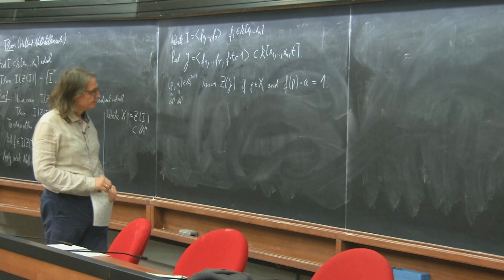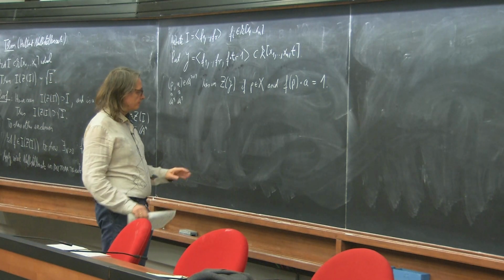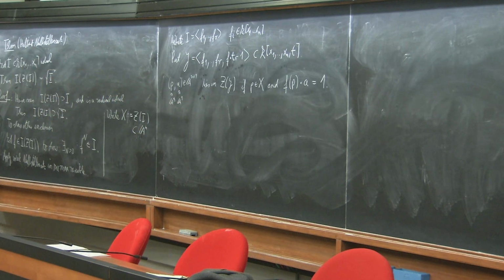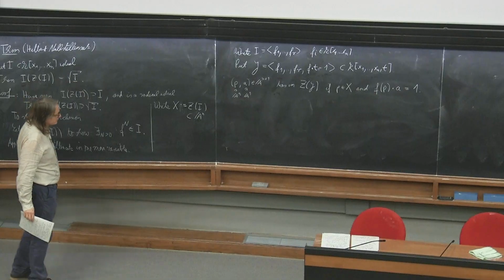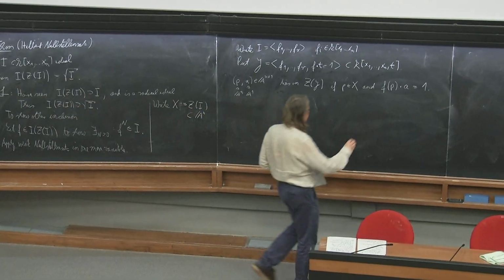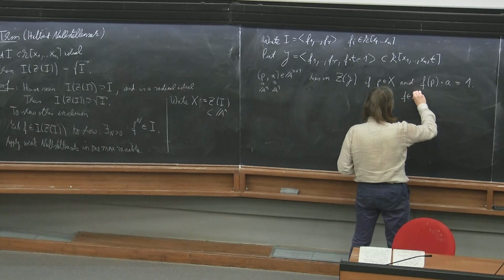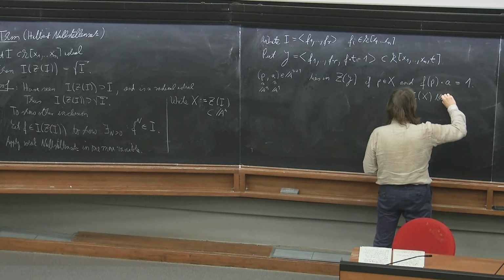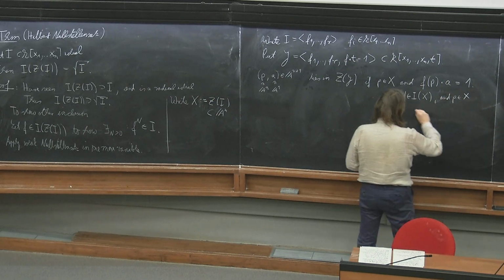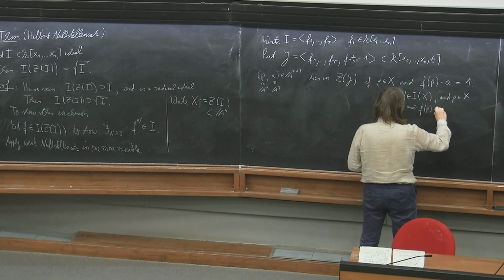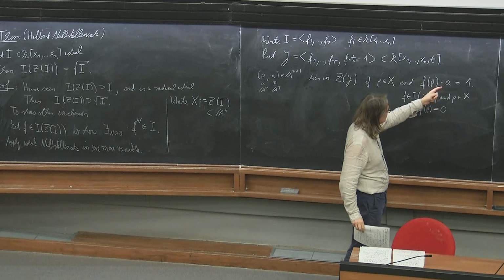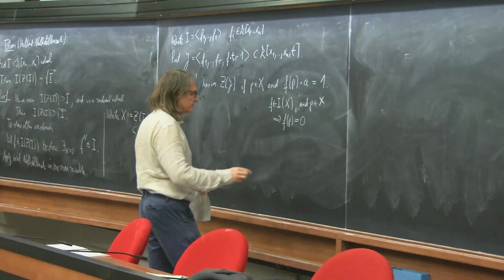Now, however, we know that F lies in the ideal of the zero set of X. F is an element in the ideal of X, and P lies in X, so thus F of P is equal to 0. And so if F of P is equal to 0, there's no A such that F of P times A is equal to 1. So thus this is impossible.